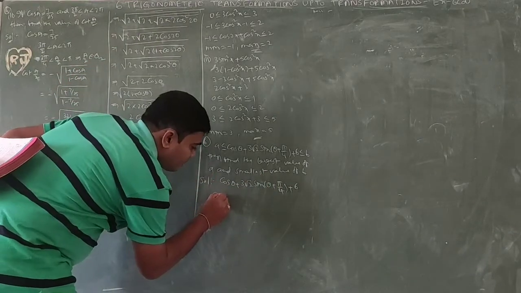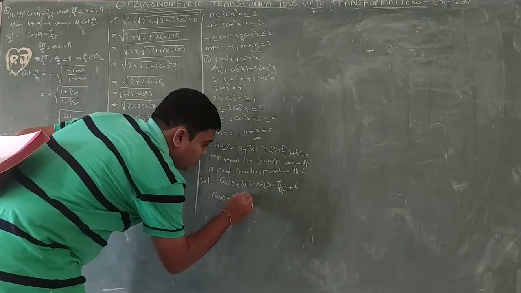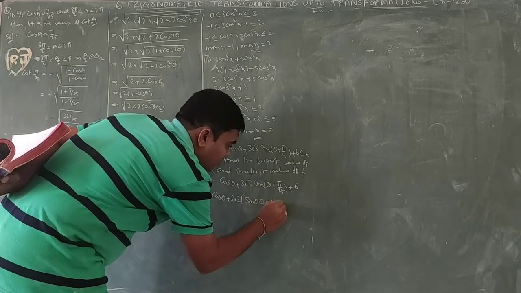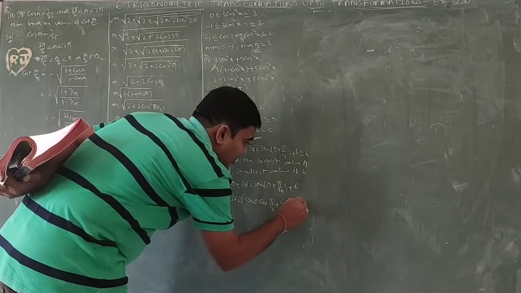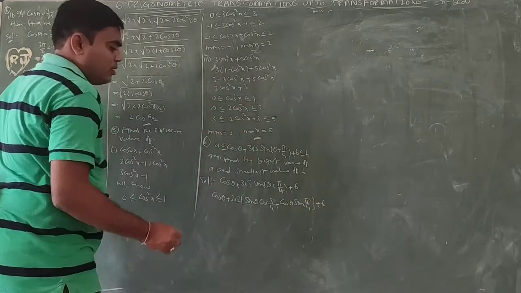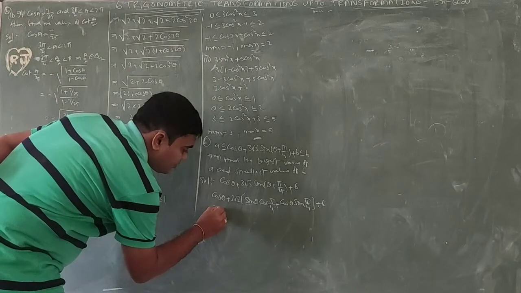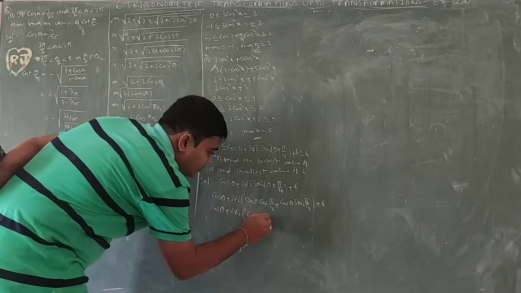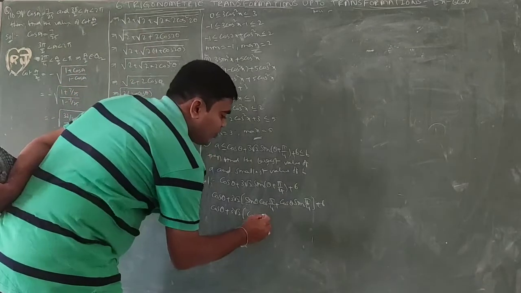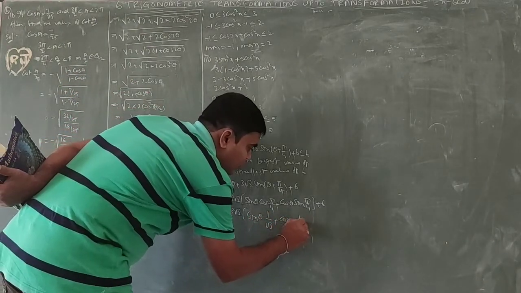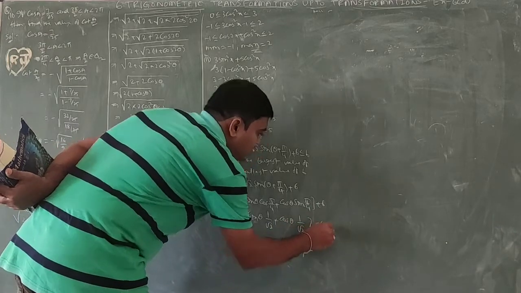Cos theta plus 3 root 2 times sin theta cos 5 by 4 plus cos theta sin 5 by 4, plus 6. Okay, sin theta cos pi by 4, cos 45 is 1 by root 2, plus cos theta sin pi by 4, sin 45 is 1 by root 2, plus 6.